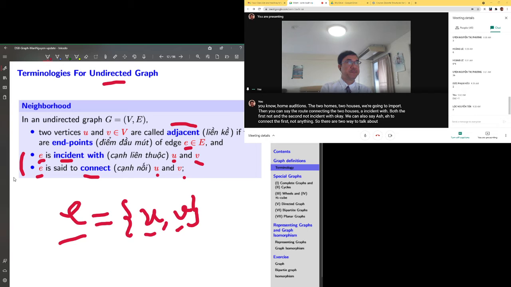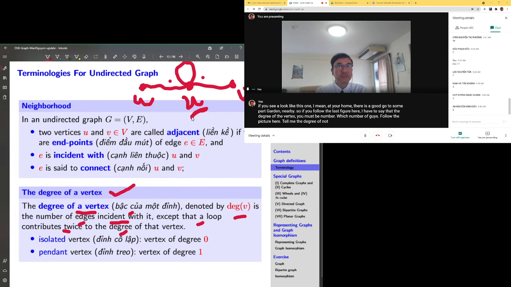Understand? But if you see a loop like this one, I mean at your home there is a route going to some park, garden nearby. So if you follow the last figure here, the degree of the vertex U must be which number, guys? Follow the picture here. Tell me the degree of the node U. Number 4.